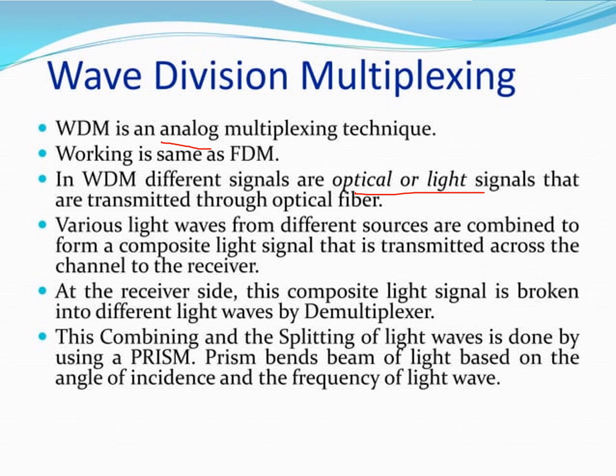Light signals are transmitted through an optical fiber. Various light waves from the source are combined into a composite signal, pass through a single link, and reach the receiver. At the receiver side, it is broken down into different lights using a demultiplexer. This combination and splitting of light waves is done by a prism.